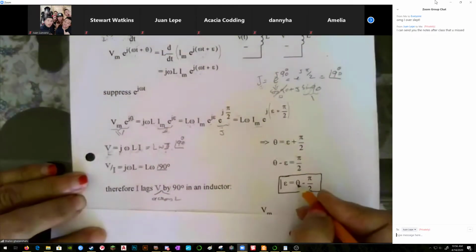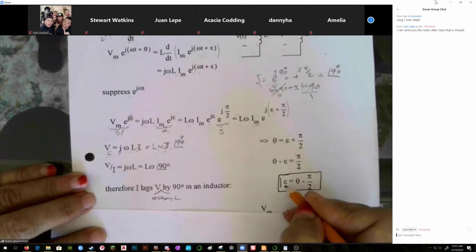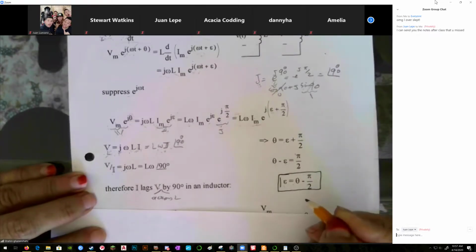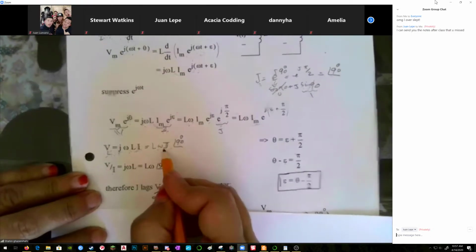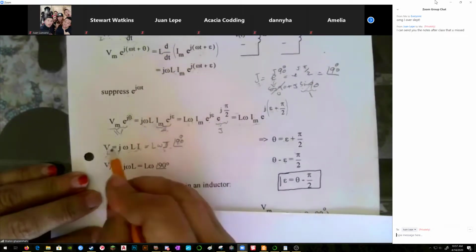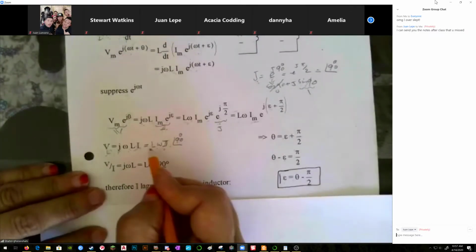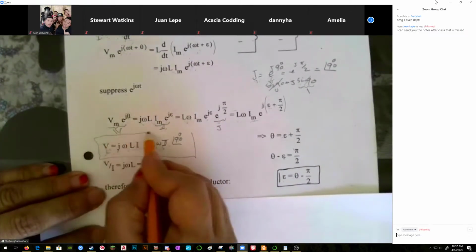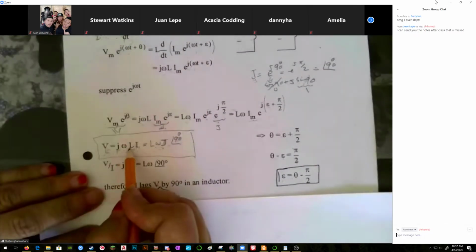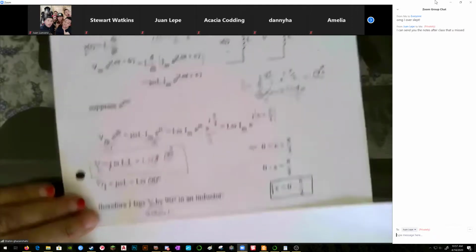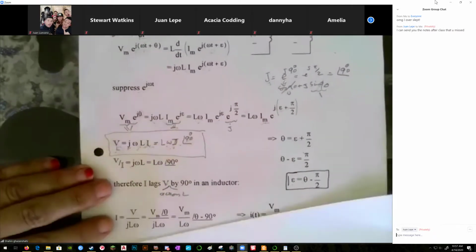So whatever the phase angle of the voltage is, you subtract 90 degrees to get what? The phase angle of the current. Or whatever the angle of the current is, you add 90 degrees to get the voltage. Okay, so my equation for inductors is changed to this, j L omega I. So instead of doing derivatives, you just do it like this. Is that clear?